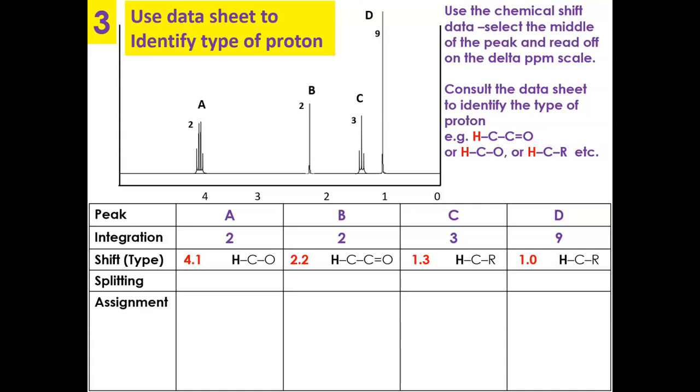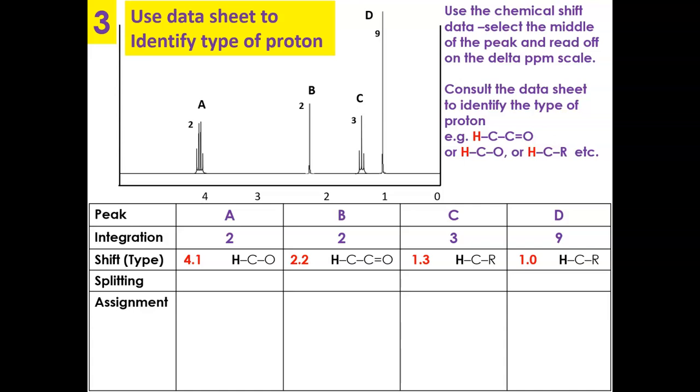Well, of course, that 3 H's is a methyl group which bonds to another hydrocarbon part. Now, 9 H's in that same type is, of course, 3 methyl groups. So the carbon has bonded to it 3 CH3 groups.